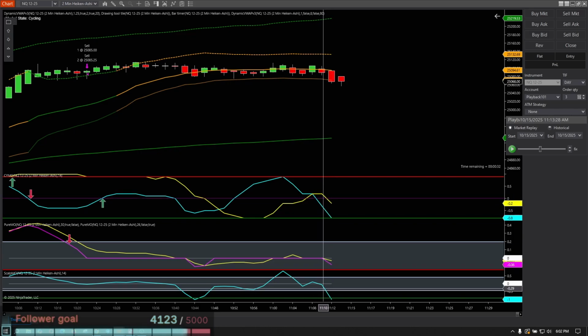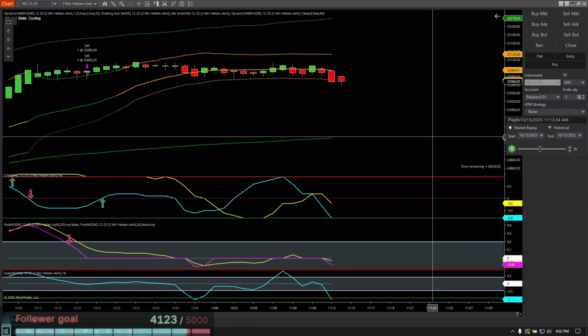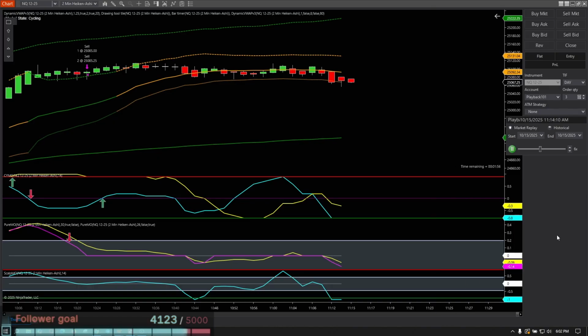This is good. So A is good, C is good, B is not good, okay? B needs to shift all the way down before we could actually see that and then decide to take the trade, okay? Let's give it another couple bars and see if it actually flips all the way down and we get a nice momentum shift. And if we do, then we can consider taking that to the short side.